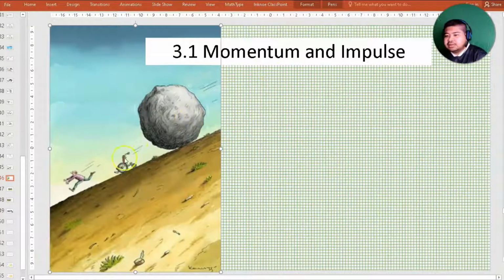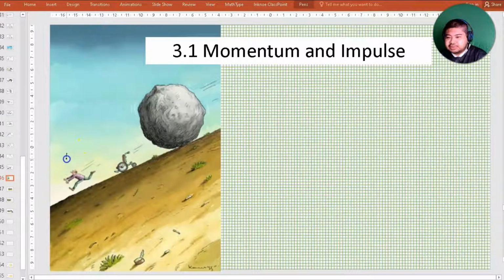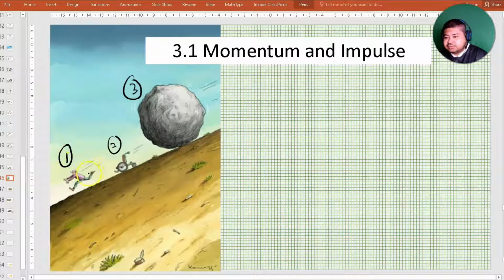If you look at the picture that I've put here, you have three objects. First is the person, second is the wheelchair, and the third is the rolling boulder. We are only going to look at the first and the third object. As you can see here, when you are running down the hills, your amount of motion starts to increase.